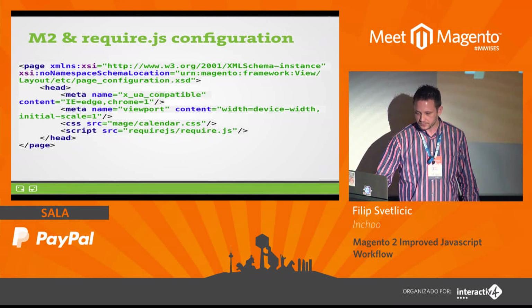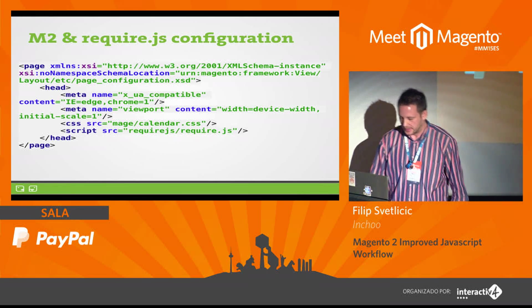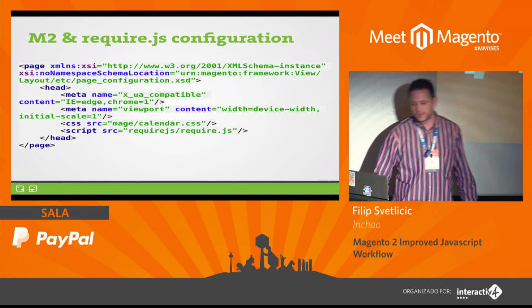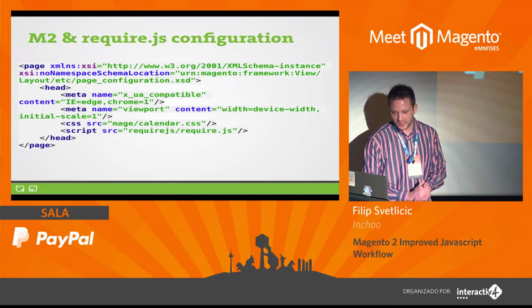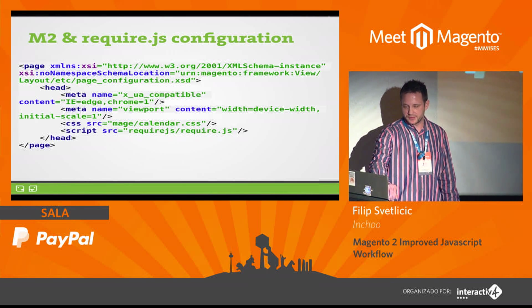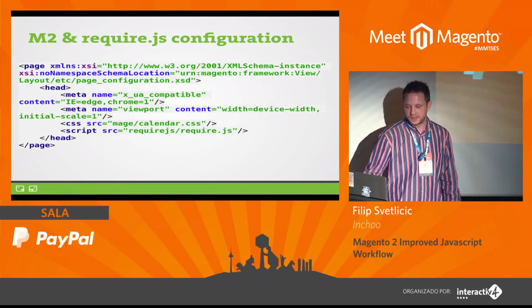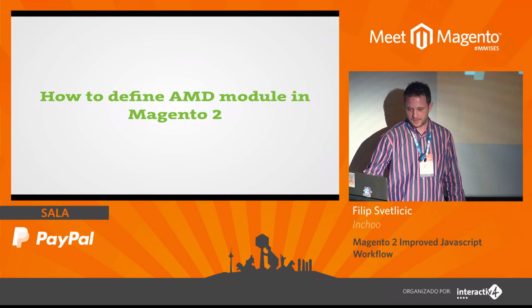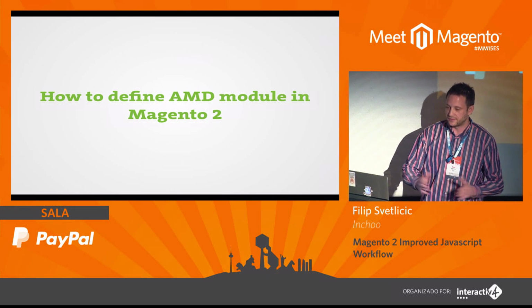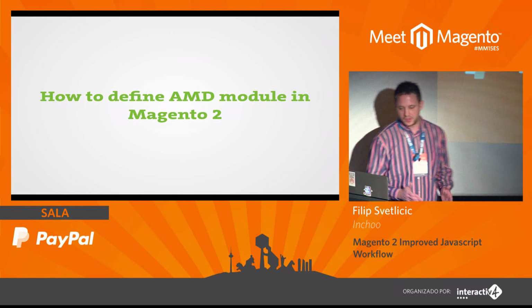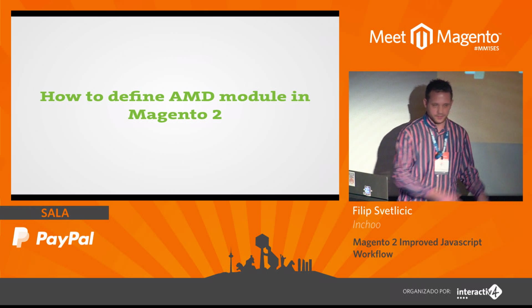Now, how to configure? Magento, through the default page blocks, its XML file is actually loading the require.js script into the system. Now, we need to actually define our module, but this time in Magento.